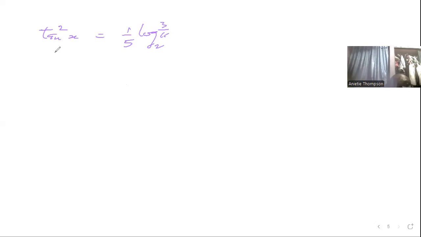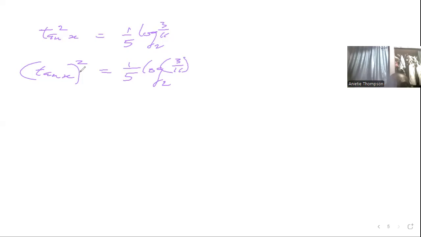All right. So now this is a square. I want to tell you that another way to write this is tangent of x, squared, equals 1 over 5 log base 2 of 3 over 11. Okay.